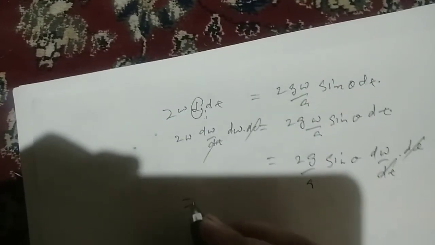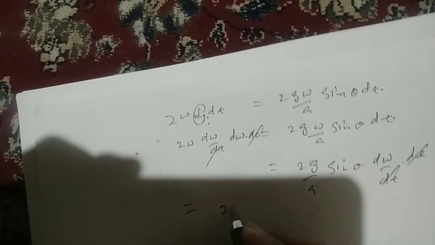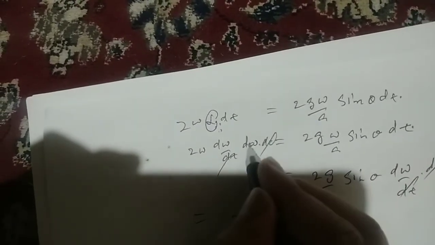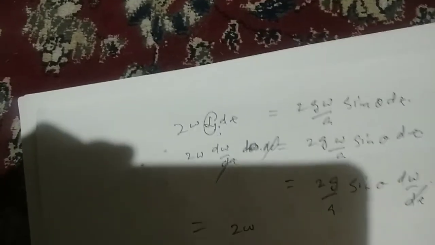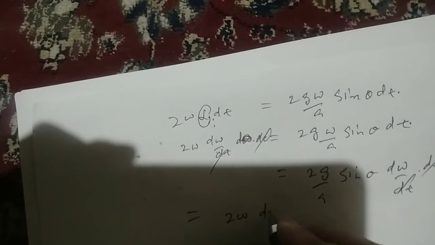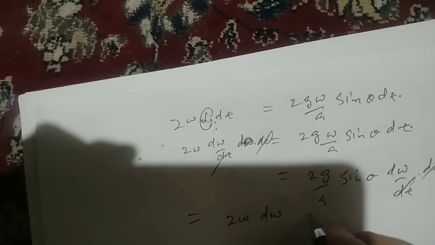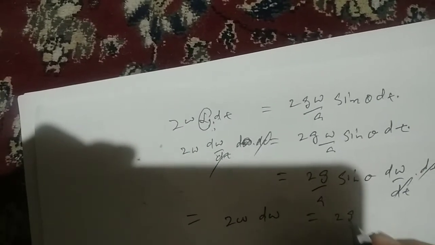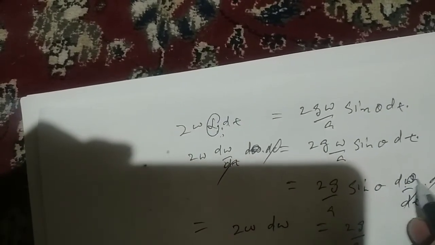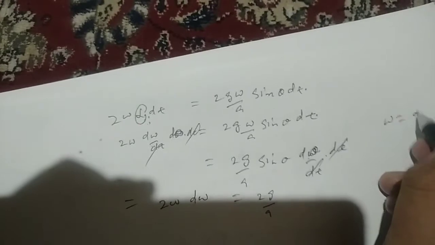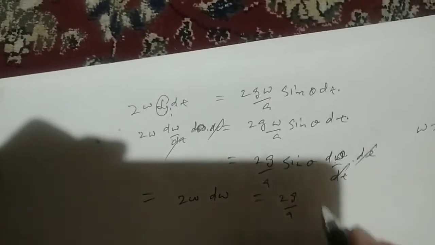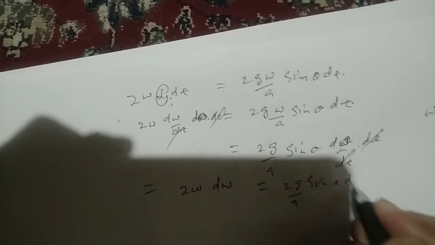What I will get here, 2 omega, it's not d omega here, it's d theta, because we define omega as d theta over dt. So 2g by a sine theta d theta.